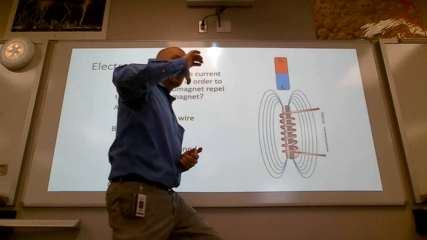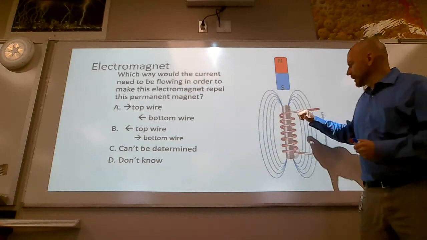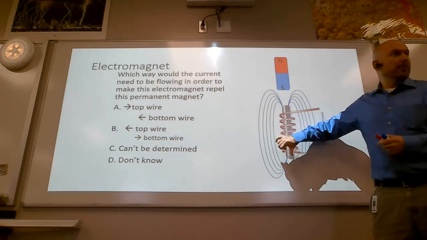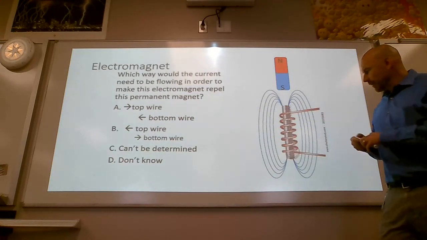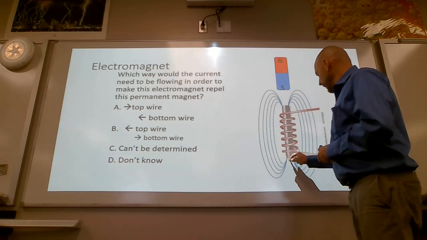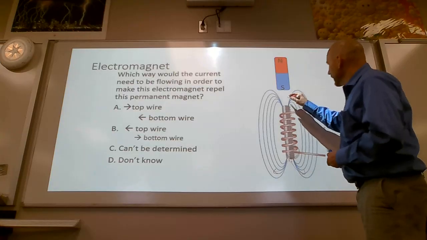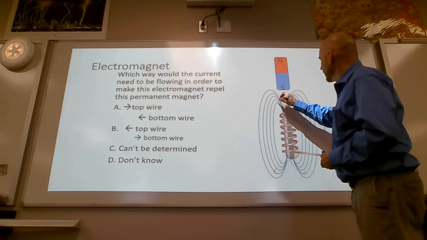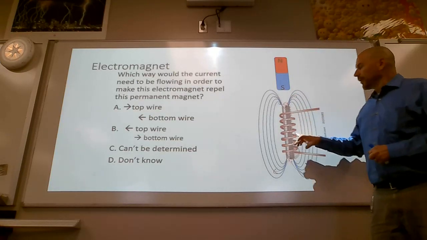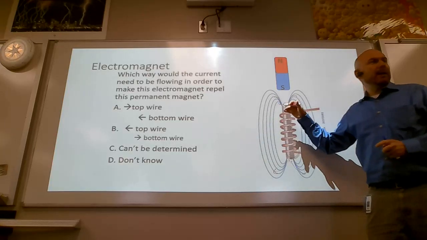Okay, correct answer is B. Your thumb is going to point in the direction of the north pole of the magnet, because magnetic field lines go out of north into south. That's on the exterior part of the magnet.